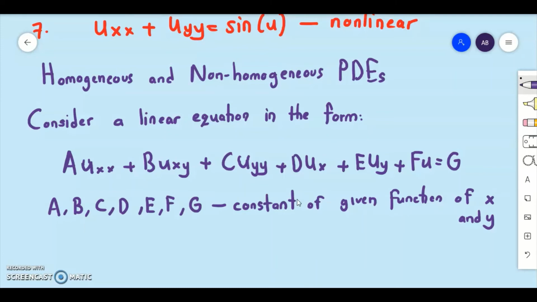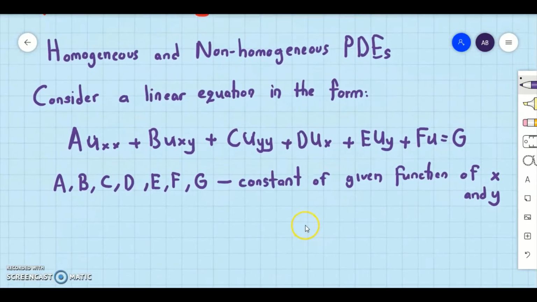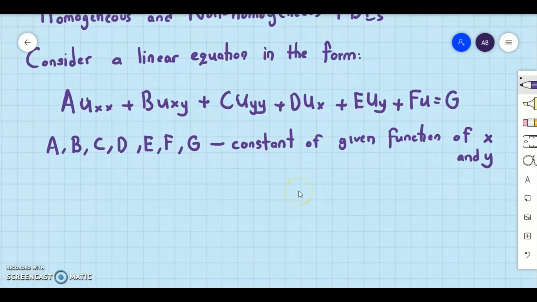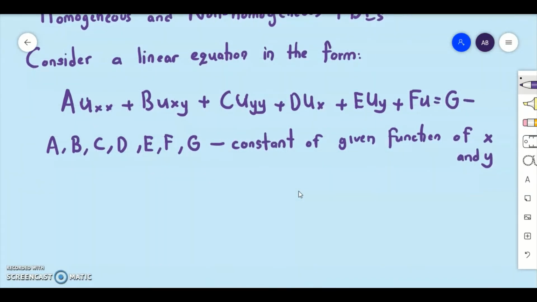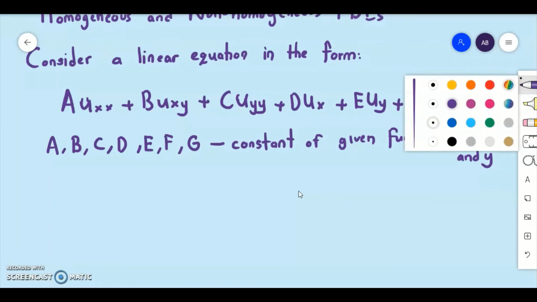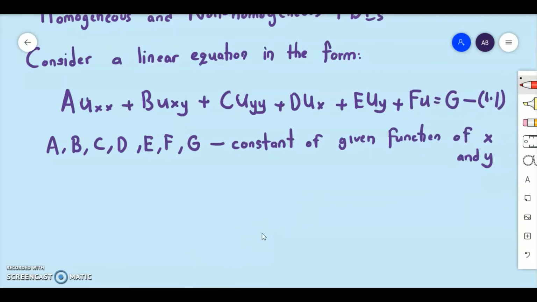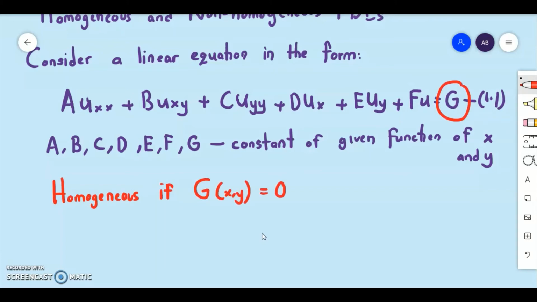So we have looked into the standard form of the linear equation; let's call this equation 1.1. This equation 1.1 is my standard form. And now what it says is that it is homogeneous if this G term equals 0 for all x and y.